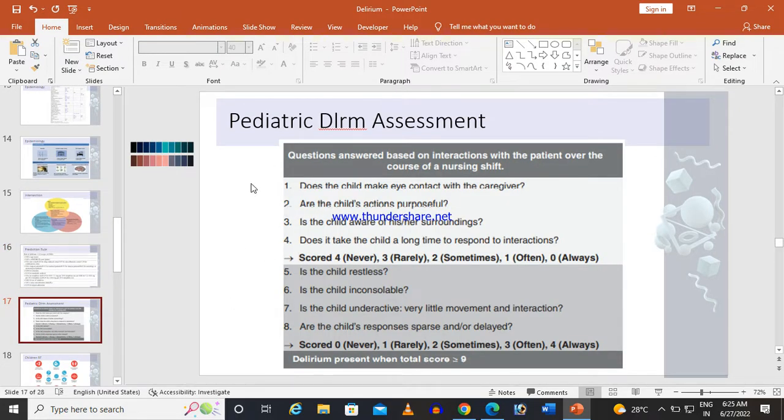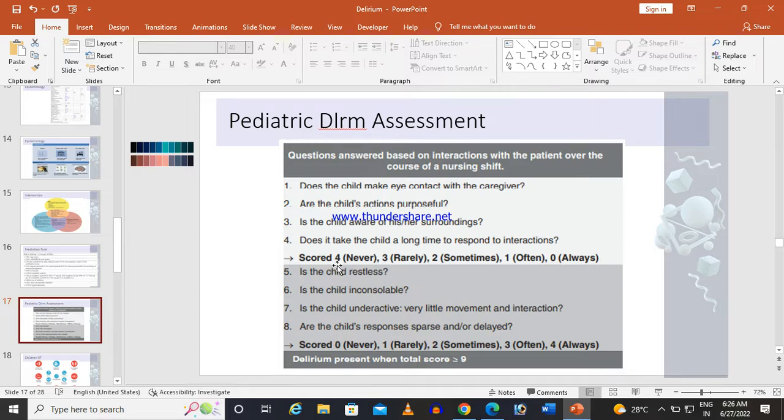So for children, how to predict delirium? This is a pediatric delirium assessment. So these are the questionnaires, and here 4 is never, 3 is after you evaluate the question, you can score it numerically from 4 to 0.